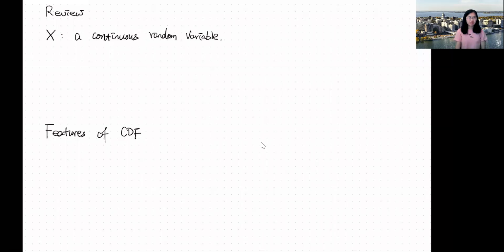In the previous video, we started the discussion of continuous random variables using the example of a spinner. There we demonstrated that for a continuous random variable, the probability that x equals any possible value in its support is in fact 0.